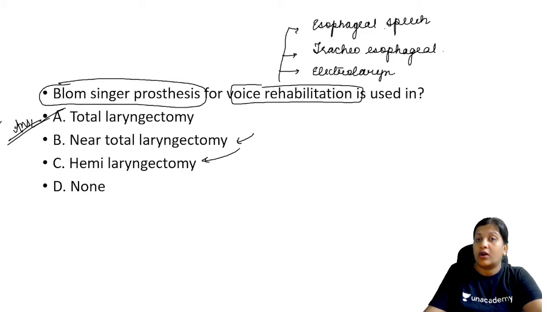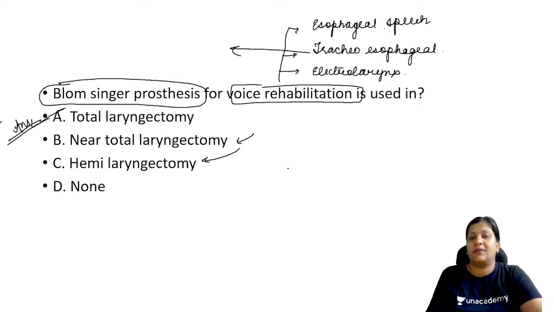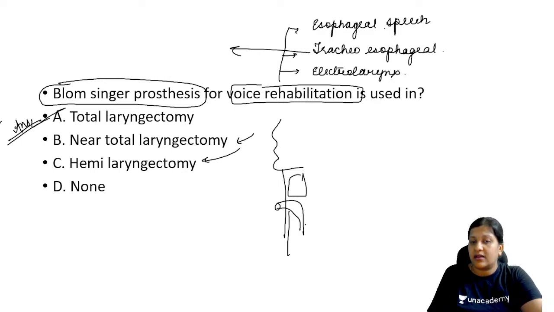Now, when we talk about tracheoesophageal speech, you make a communication between the trachea and the esophagus. So here this patient will be on a permanent tracheostomy. There is no larynx, and the patient's trachea is now connected to the upper esophagus.